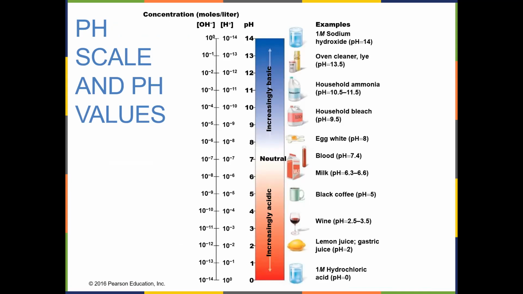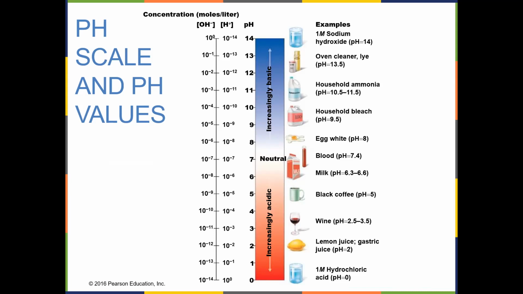And here you can see examples of the various substances that we might encounter on the pH scale, with sodium hydroxide at the very top with a pH of 14, and hydrochloric acid at the very bottom with a pH of 0. Oven cleaner, 13.5. Bleach, 9.5. Egg whites are slightly alkaline at 8. Blood is slightly alkaline at 7.4. Distilled water is neutral.